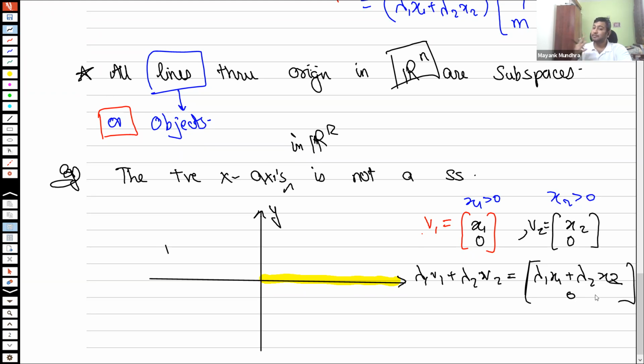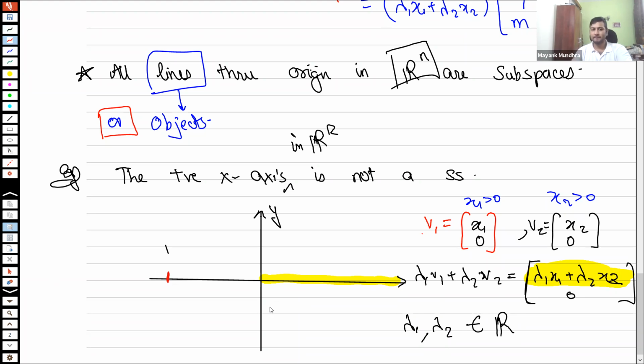But lambda1 and lambda2 can be negative, they can be any real number. So this particular thing can even turn out to be negative. I can take lambda1 and lambda2 to be -1. So this thing turns out to be negative. So this becomes a vector along the negative x-axis. So this positive part by itself is not a subspace.